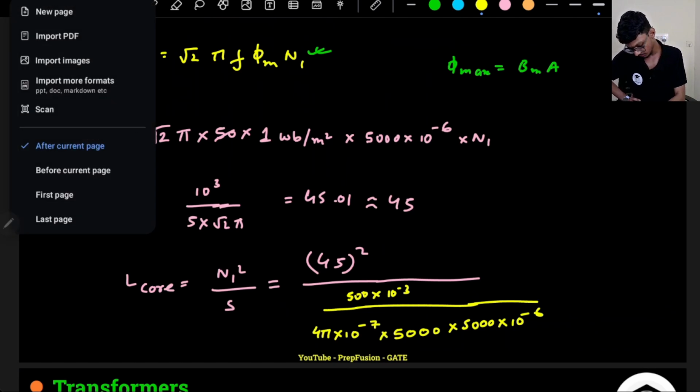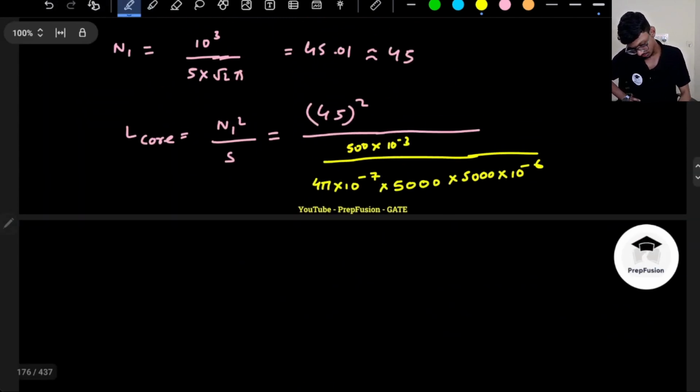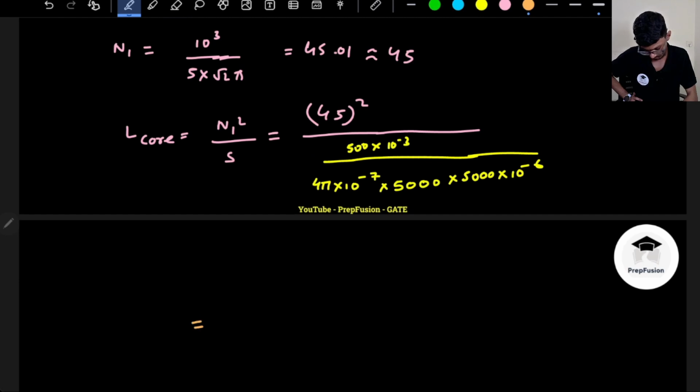So my L core will be equal to 45 whole square, and this will go on the top. So this 10 raised to power 6 goes over here, and automatically cancels out. This is 10 raised to power minus 7, so this will go at the top, and 10 raised to power minus 3 also goes at the top.